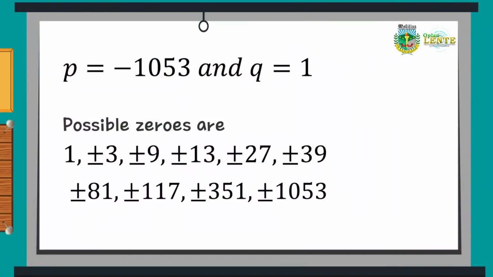In our problem, since P is equal to negative 1053 and Q is equal to 1, so positive negative P over Q, the possible zeros are 1, positive negative 3, positive negative 9, positive negative 13, positive negative 27, positive negative 39, positive negative 81, positive negative 117, positive negative 351, and positive negative 1053.